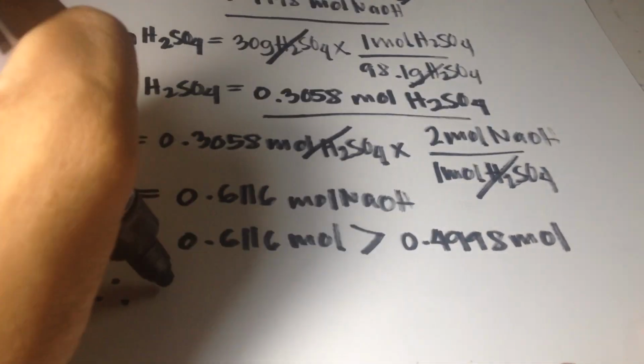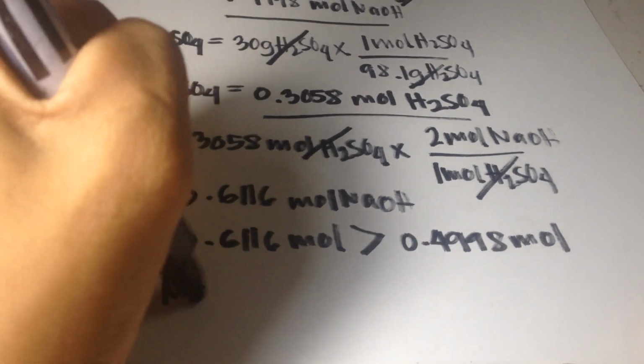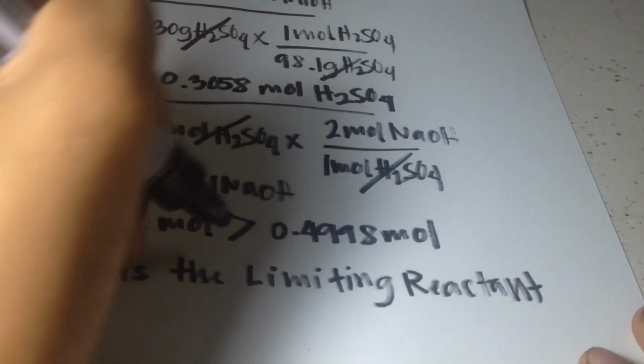So the limiting reactant, therefore, sodium hydroxide is the limiting reactant, or LR.